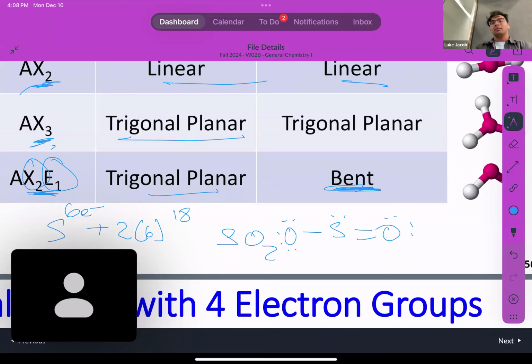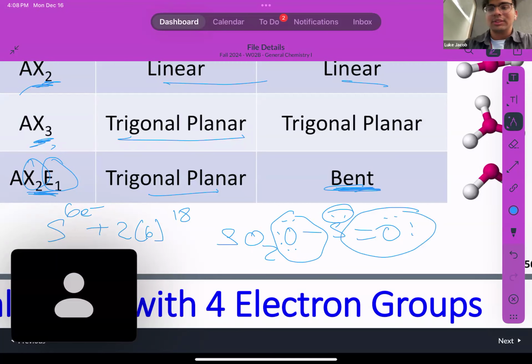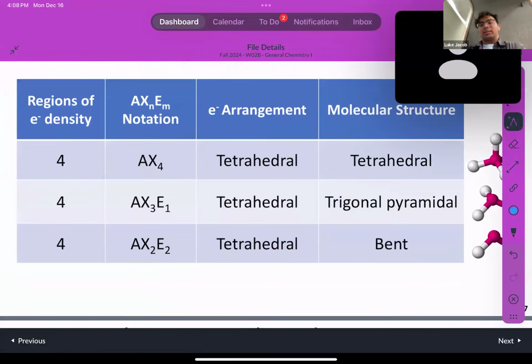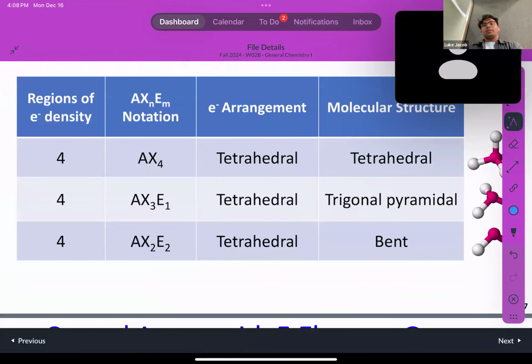That's sulfur dioxide. When you see a lone pair and two atoms bonded, the electron arrangement is trigonal planar and the shape is bent. Now we're going into tetrahedral. Did anyone have questions about the earlier stuff?